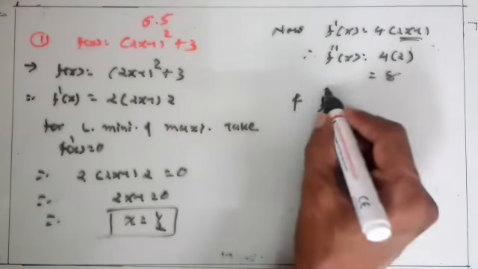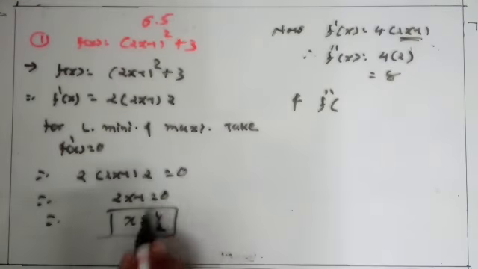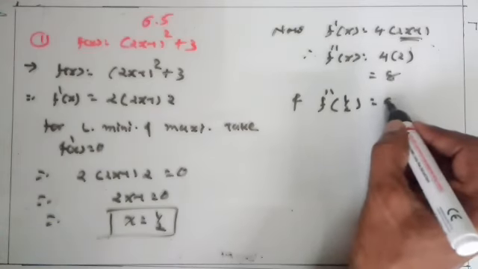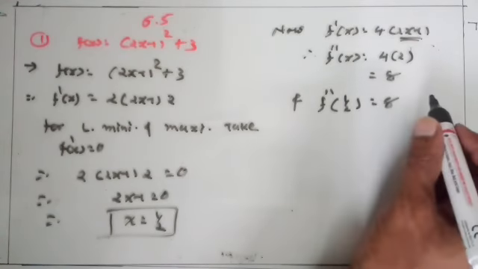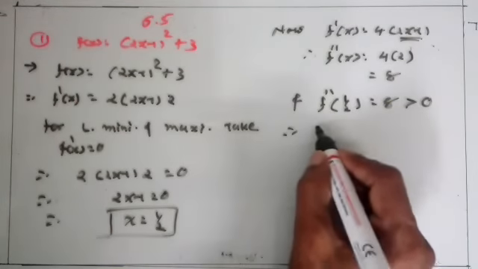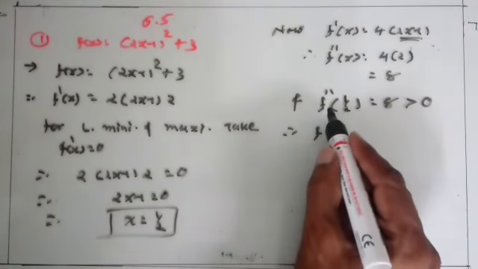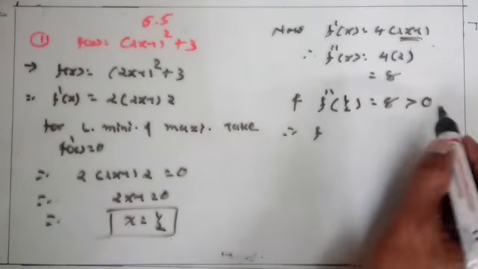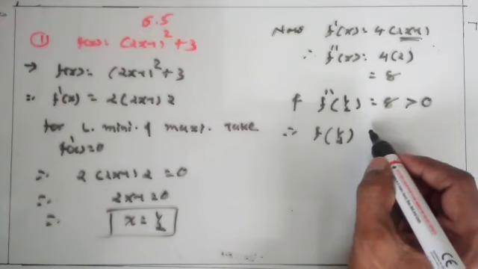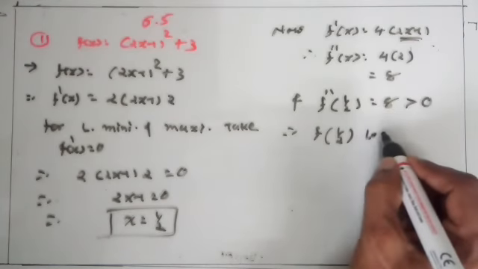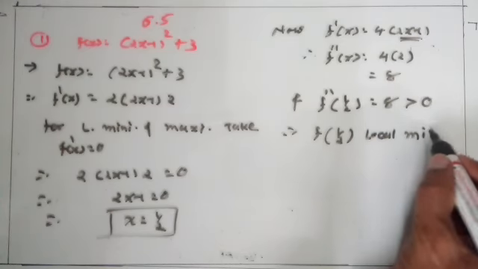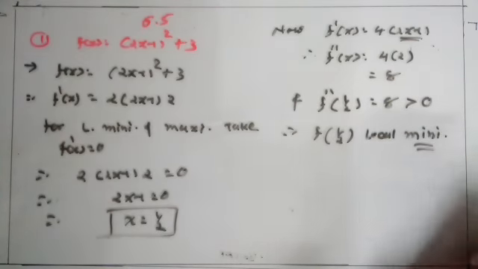And f double dash at x equal to 1 by 2 is 8, since this is a constant function, so 8 is greater than 0. Therefore the second derivative at 1 by 2 is greater than 0, so f at 1 by 2 becomes a local minimum. Remember this.